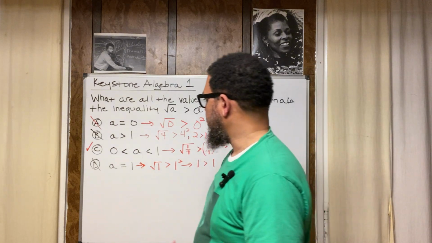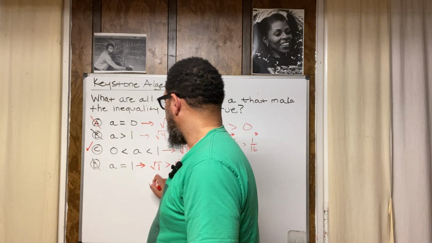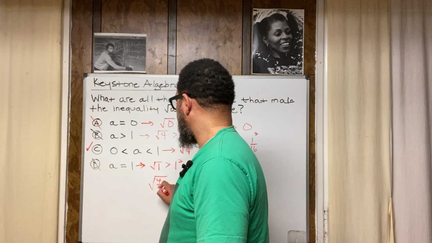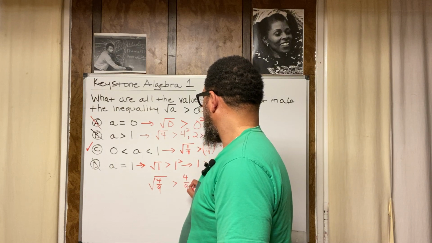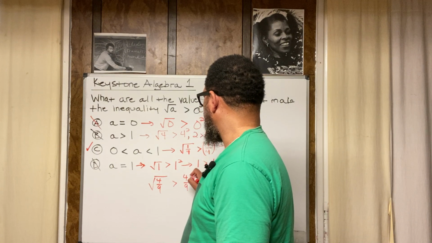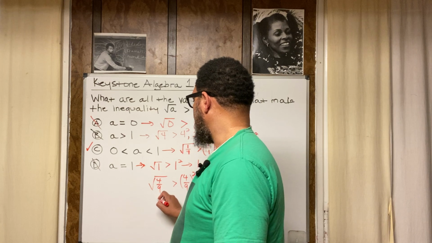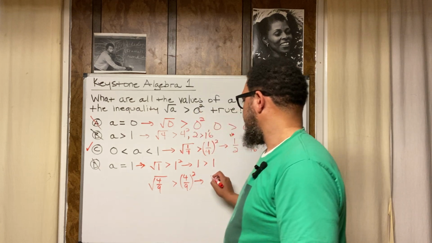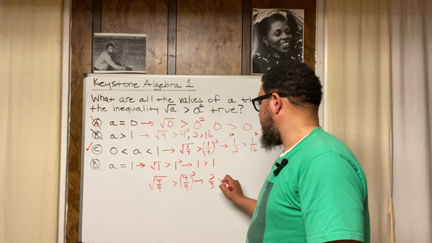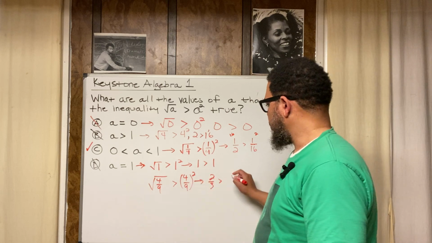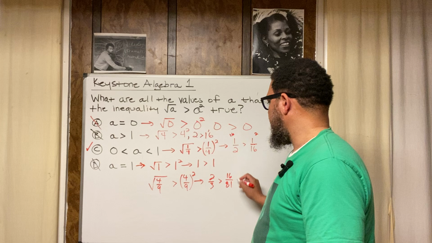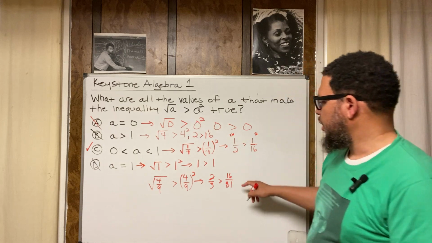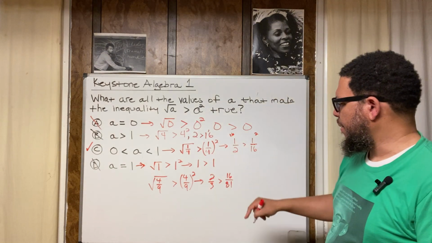All right, let's do that real quick. We got time. So the square root of 4/9 is greater than 4/9 squared. That's going to be 2/3. 4 squared is 16. 9 squared is 81. 16/81. Yeah, 2/3 is definitely bigger than that.